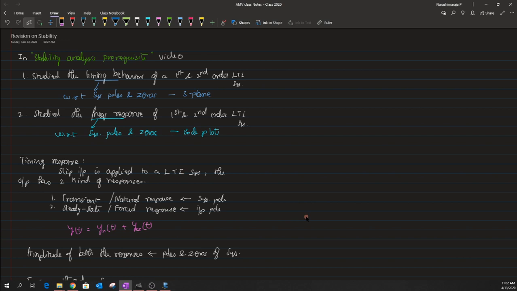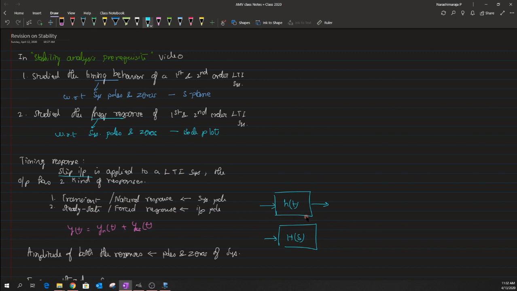So, we'll just begin with this timing behavior, where we begin with a step input. So, consider any LTI system, and this LTI system has some transfer function which in time domain I will write as small h of t, or in terms of frequency domain or S domain it could be written in capital letter. Okay, so that's the only difference.